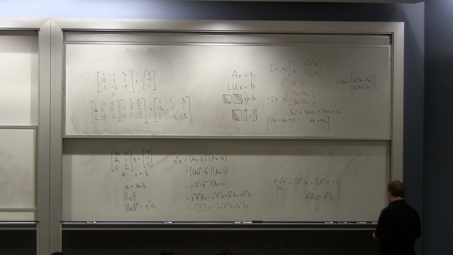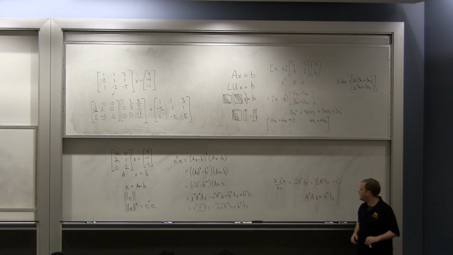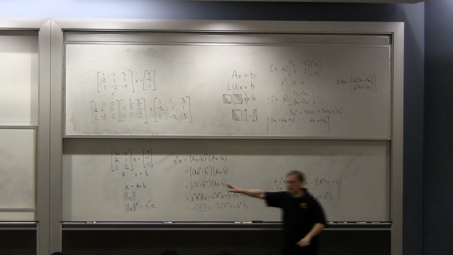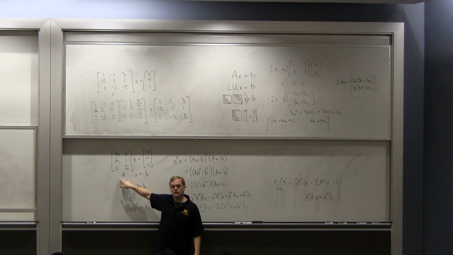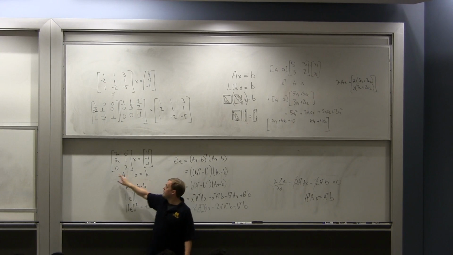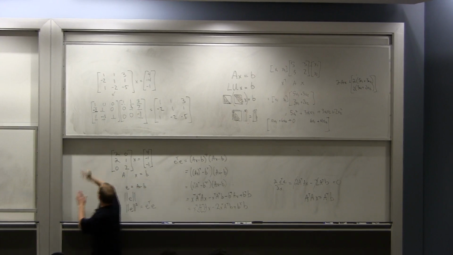Well, that's lovely. What are the dimensions of A transpose A, for this A? 2 by 2. A transpose is going to be out in front.